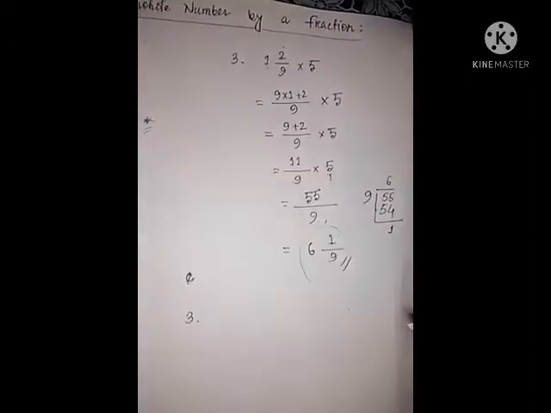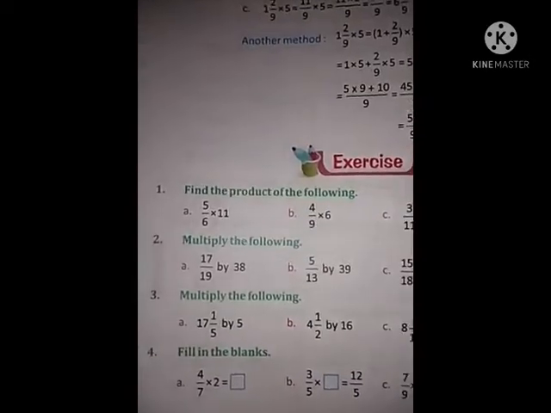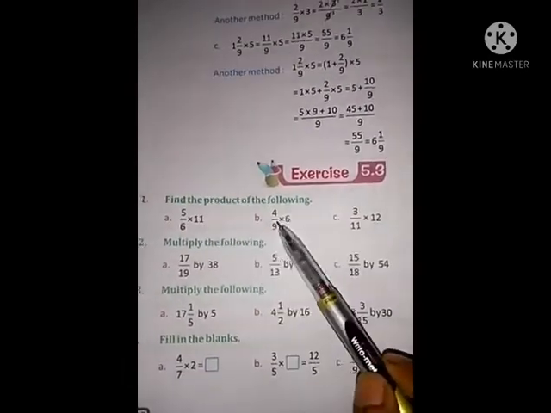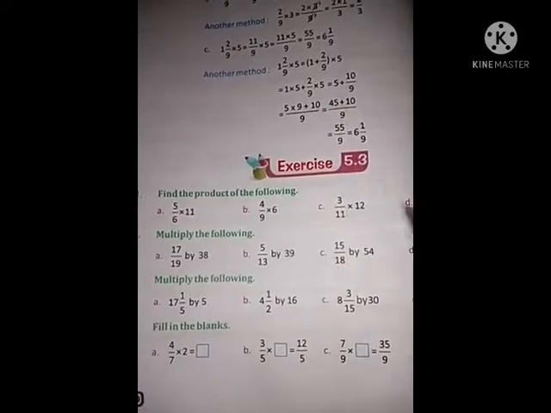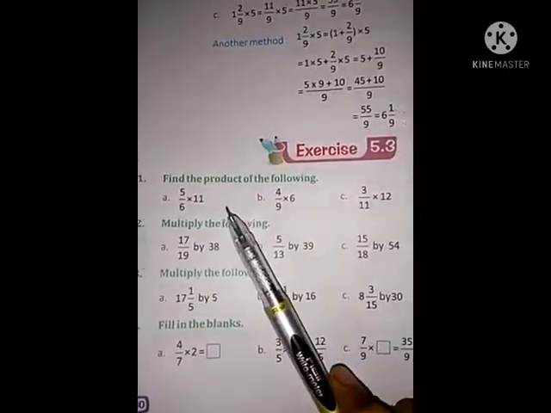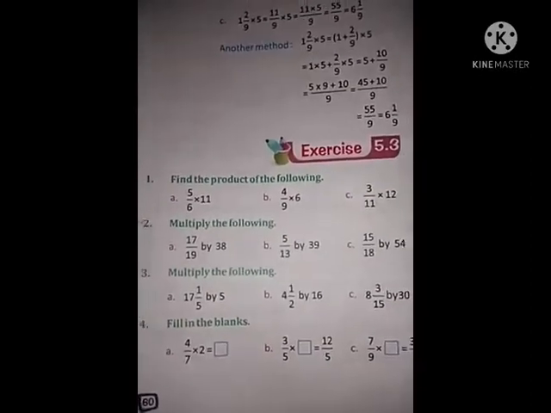Now I am going to the exercise. See this, number 1, find the product of the following. I have discussed this type of multiplication problem, so I will do 2 examples for you. You have to do the others.